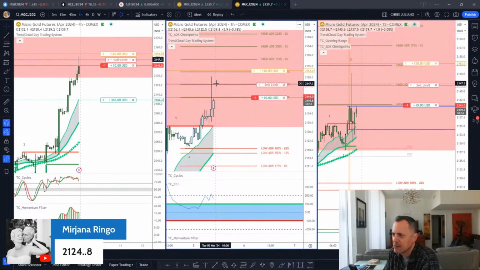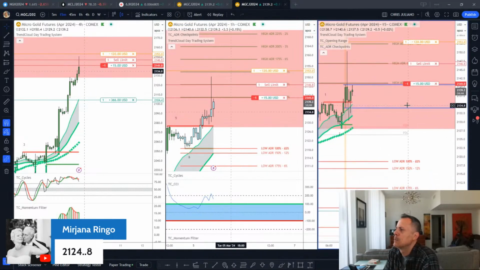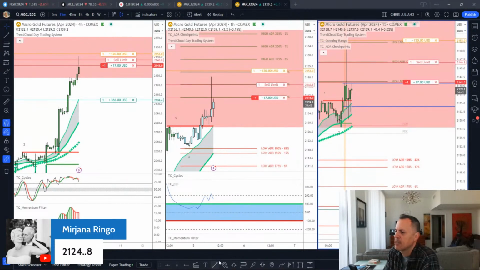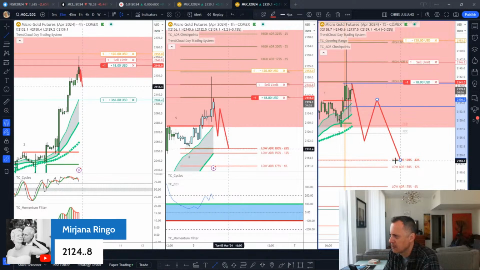If we get in here, it will average itself out, and we'll see what kind of move we can make back to the downside. The safest play here would be to wait for the break to the downside and the retest of the opening range, right?